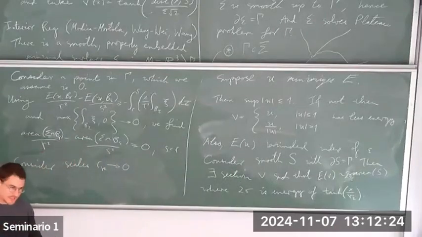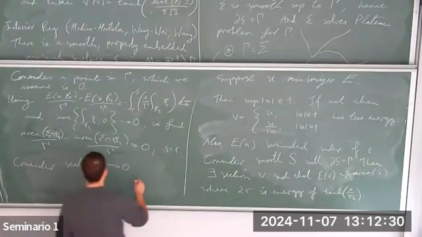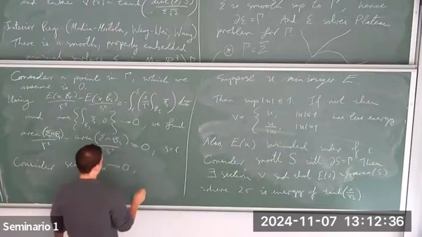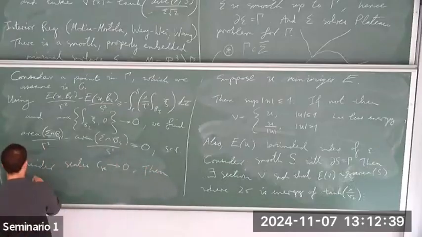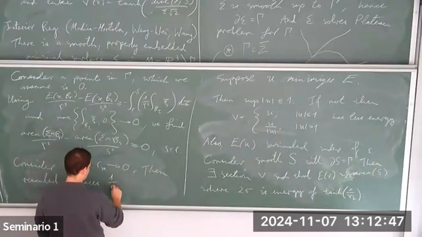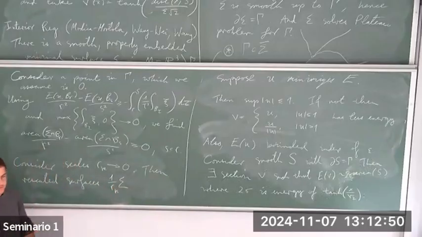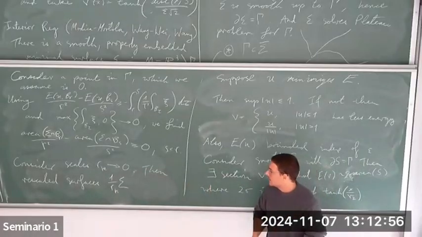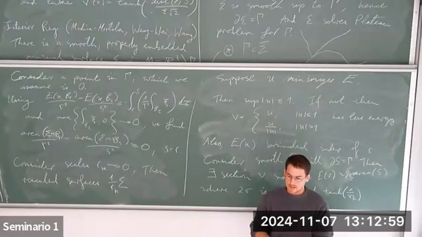So if we consider a sequence of scales Rk which converge to 0, and we look at the rescaled surfaces obtained by dilating sigma by 1 over Rk, then this sequence of dilations has uniformly bounded area in every compact subset of R3.